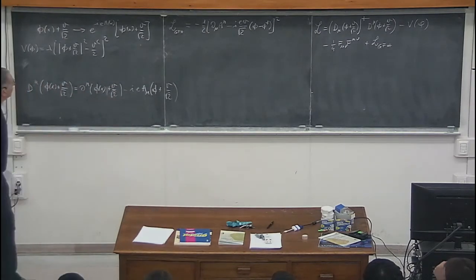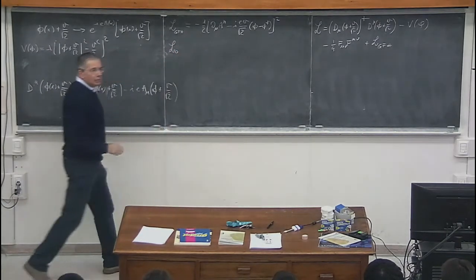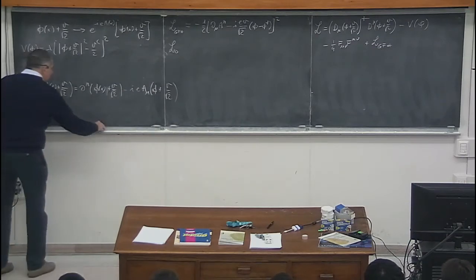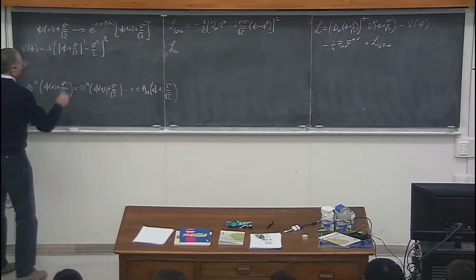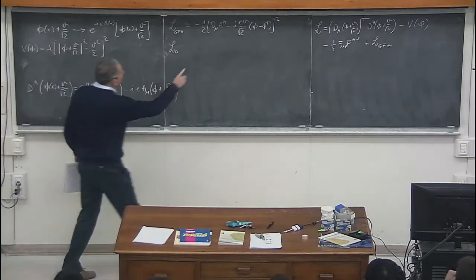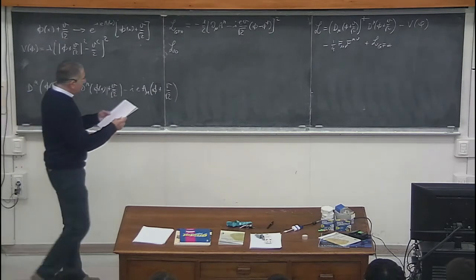Let me first collect in a term which I call L0 all the quadratic terms in the fields. The quadratic part of the Lagrangian is important because it is the part which allows us to determine the shape of the propagators. It's the free propagating part. So what is L0? L0 has quadratic terms which come from the scalar potential, from the square of the covariant derivative, and also from the gauge fixing term, which is also quadratic in the fields. So I have to collect them all.